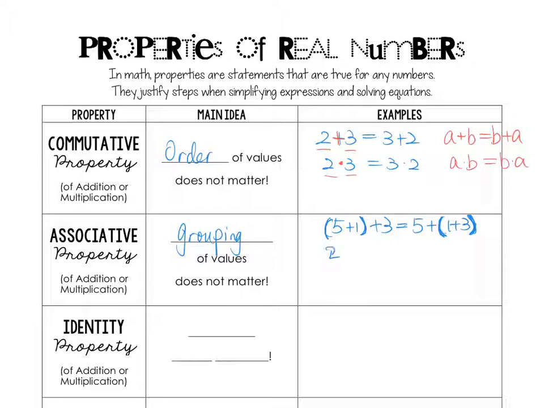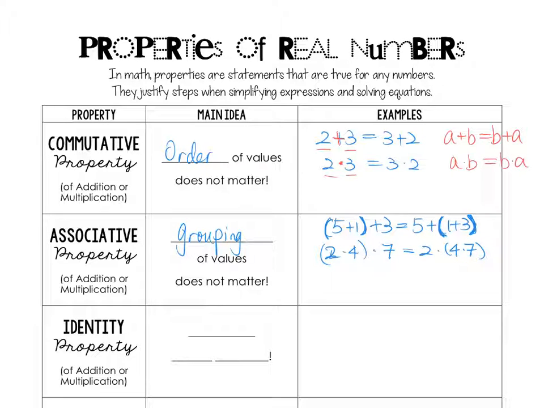Same thing with multiplication. I can do 2 times 4, then times 7, or I can do 4 times 7 first, then times 2. They both come out to be the same. And again, this associative property only works for multiplication and addition.